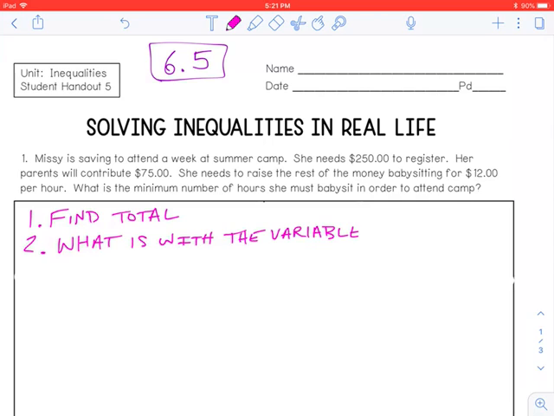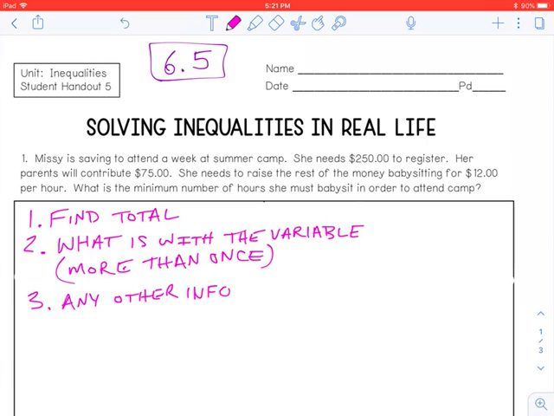Or in other words, what happens more than once? Whatever goes more than once is going with the variable, and then find any other information.